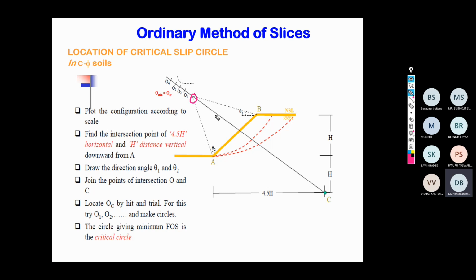The slip circle with the least factor of safety value is the critical slip circle. This is how the location of the critical slip circle in c-phi soil will be identified.